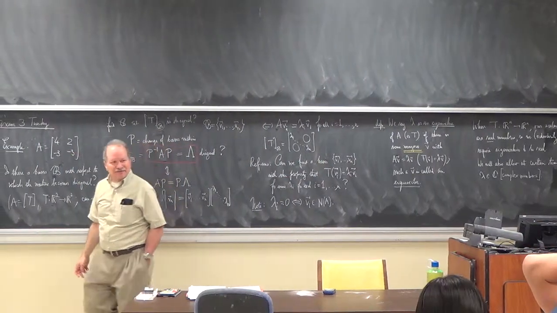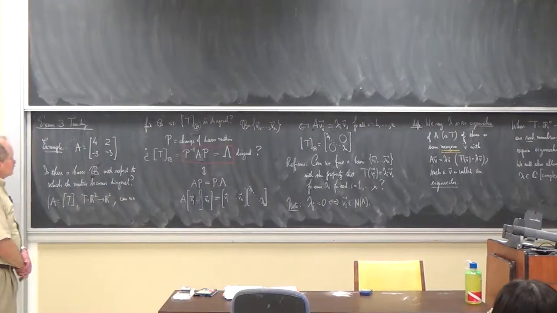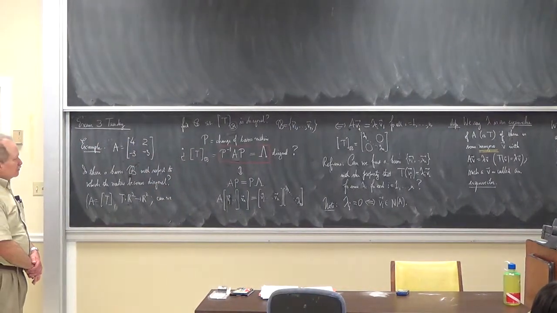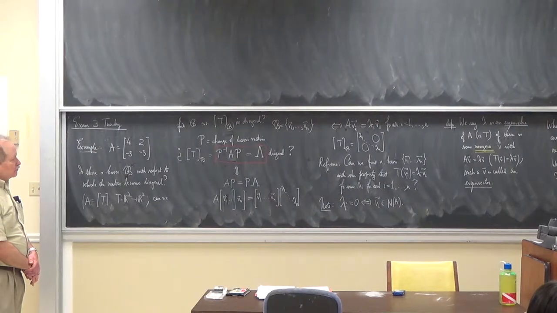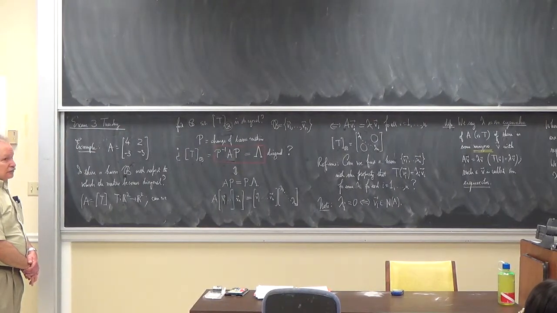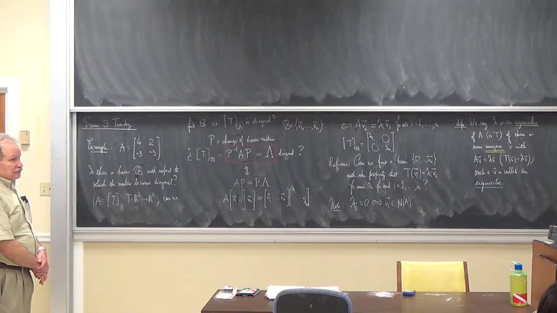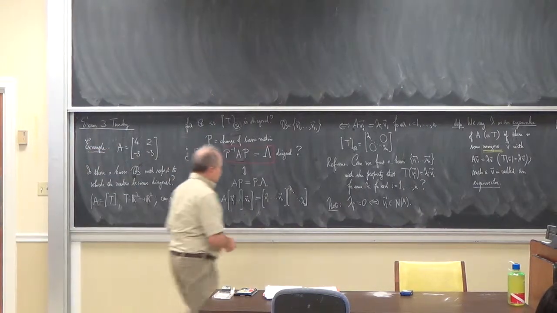Yes, Patrick? You could say, since A vi equals lambda i vi, you could say A minus identity of lambda in parentheses vi equals 0. Okay.